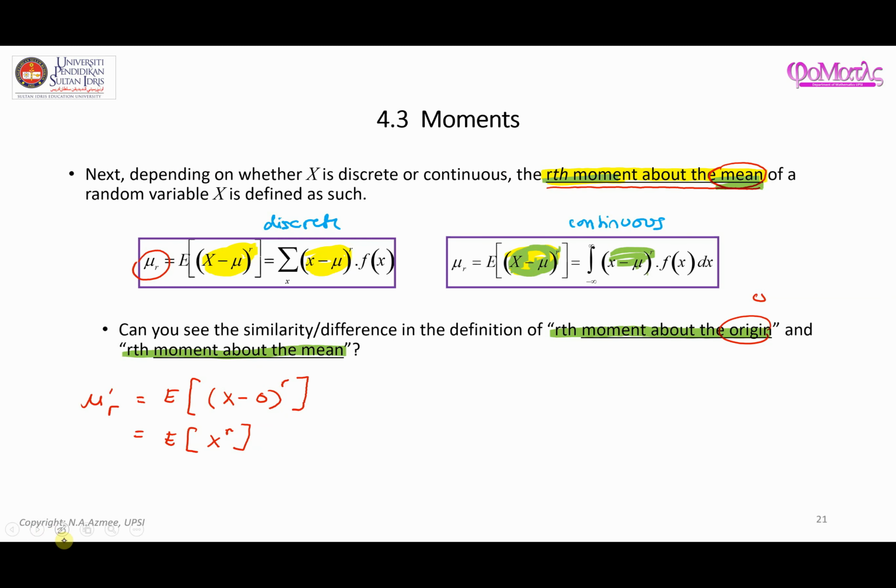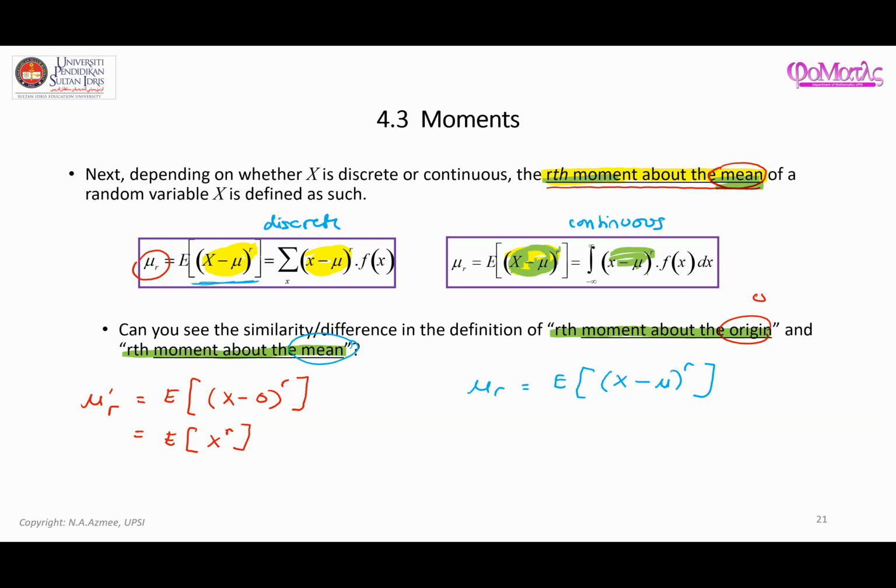On the other hand, when you talk about the rth moment about the mean, this is the definition: your random variable will be subtracted by the value of its mean. So this is mu r, and there is no way to simplify that further, so that's why the definition is given as such.